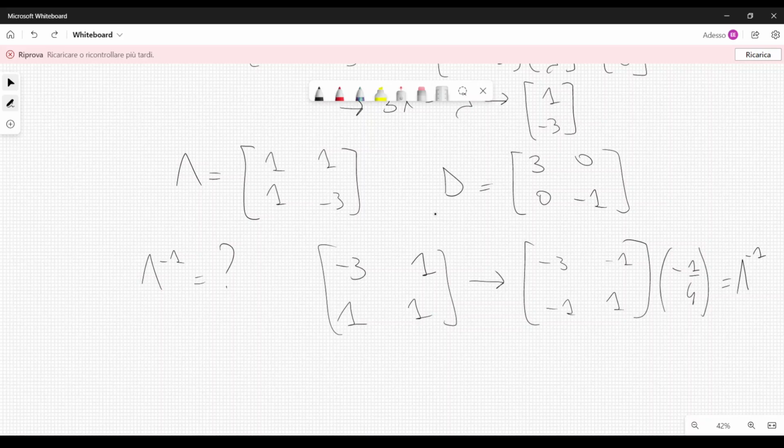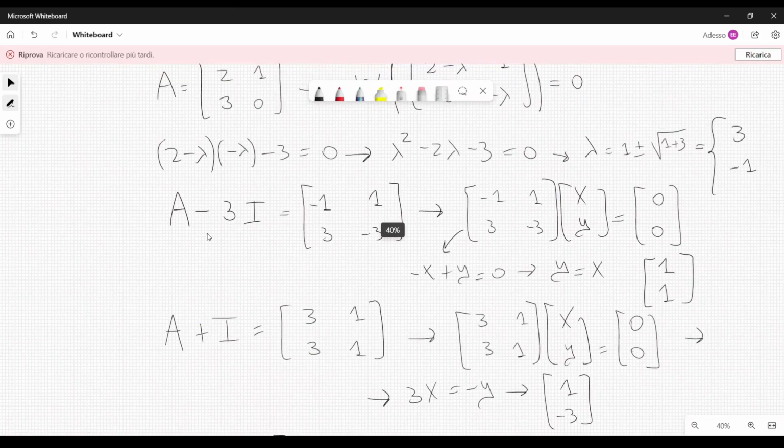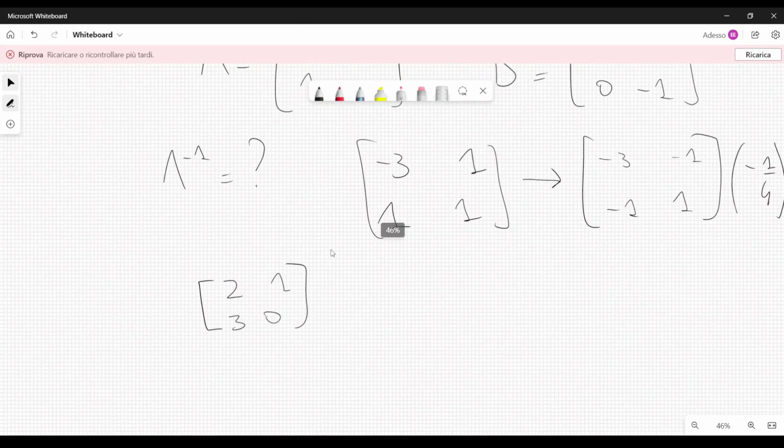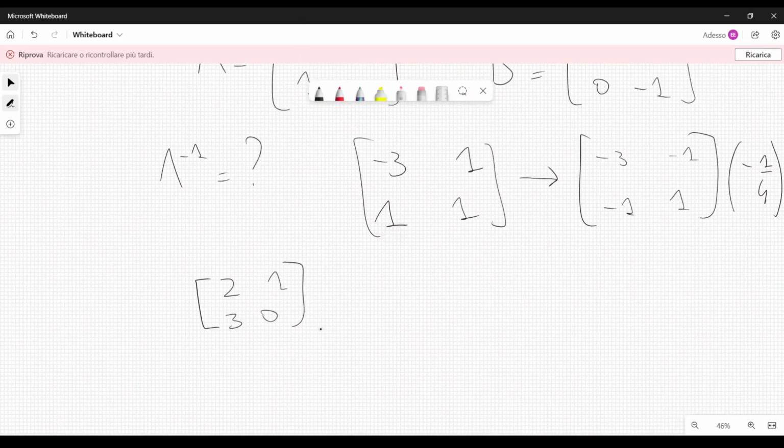It's quite simple. Now, if I consider the matrix A, the matrix that we started from, so this matrix was 2, 1, 3, 0. Go back and check. 2, 1, 3, 0. If we apply this matrix to the matrix lambda containing the columns of eigenvectors, the first column is 1, 1, and then we have 1, -3.